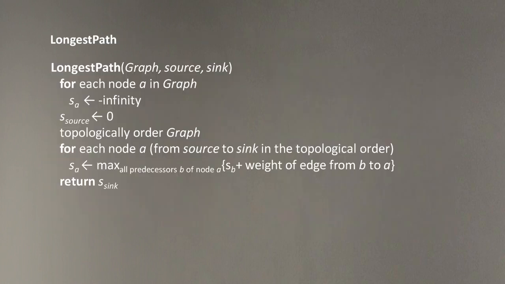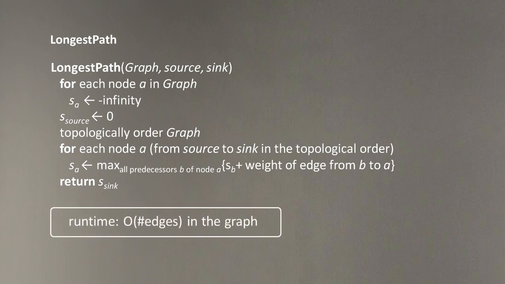After we learned that topological ordering is important, we can design a pseudocode for the longest path problem. It works like this. We first topologically order the graph, and then we update nodes in the order given by this topological ordering, as described on this slide.